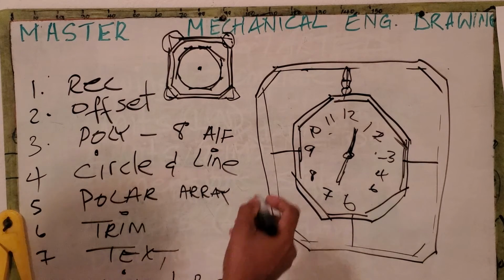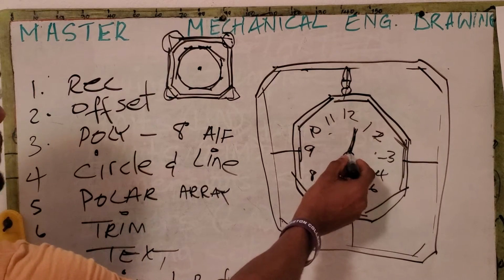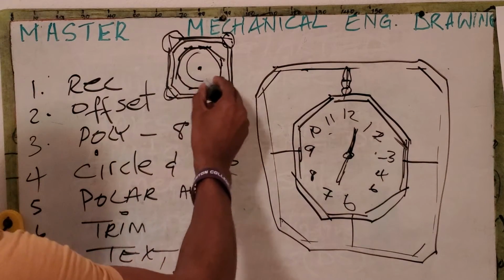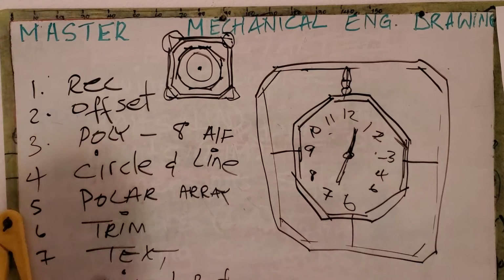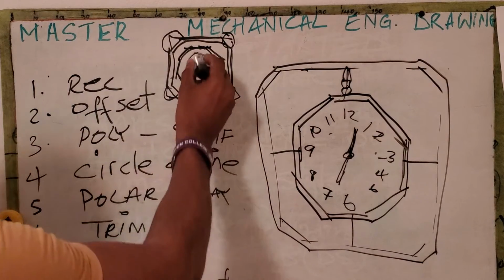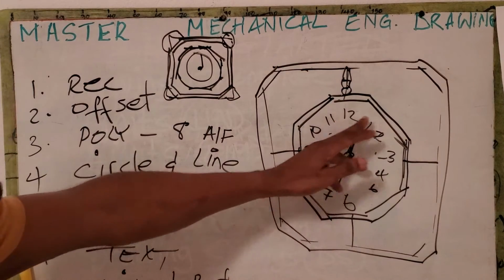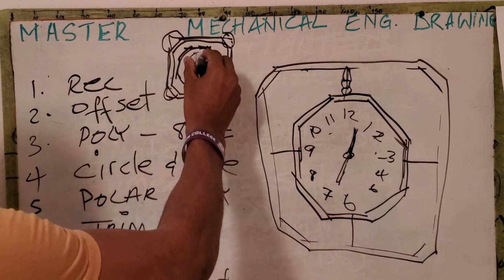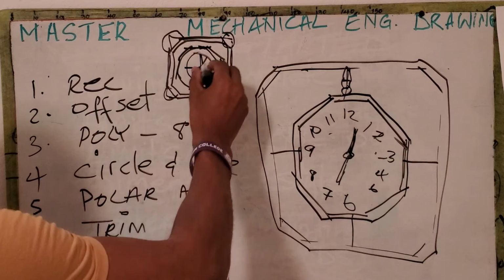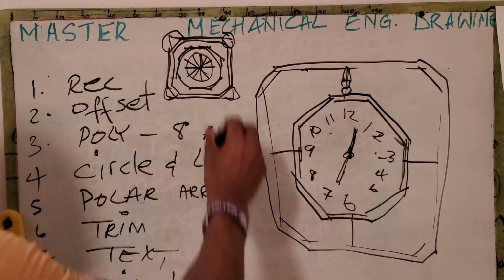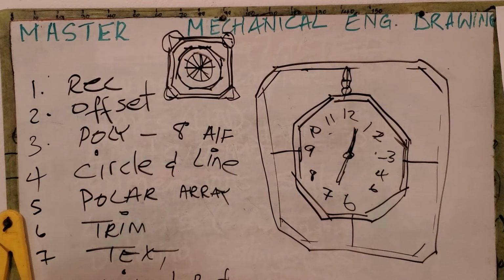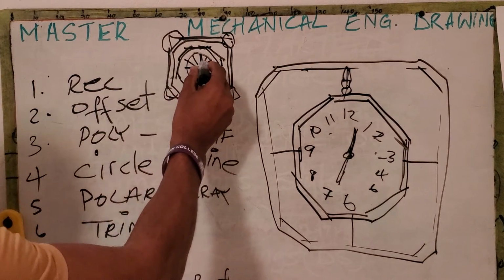Next, I would draw another circle inside here, to get these. Then I would draw a line here. Then use polar array to get that. Then I would draw another circle inside here.